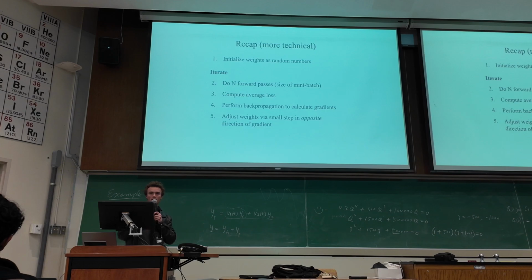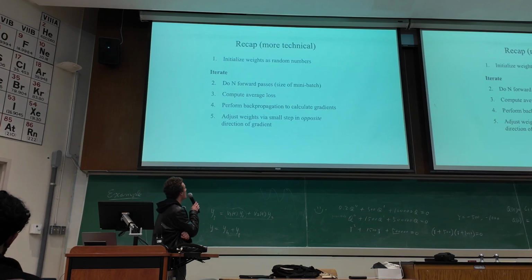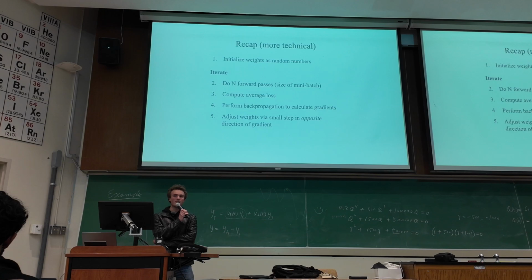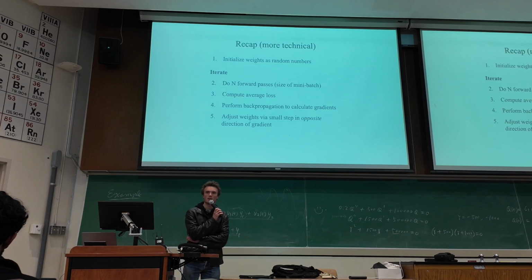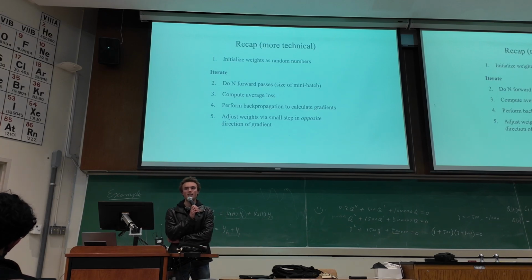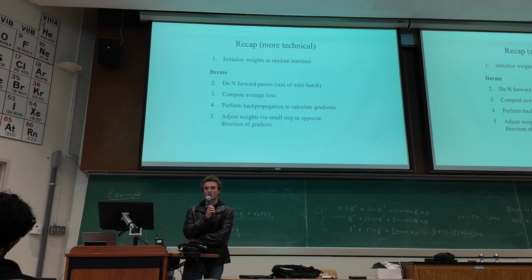Yes? How do you decide the number of hidden layers to use? That's a good question. So there's the amount of layers and the amount of neurons per layer. It depends. I would say the question is, how complicated is your data? How big of a network do you need? Because the more neurons you add, the more computational complexity.